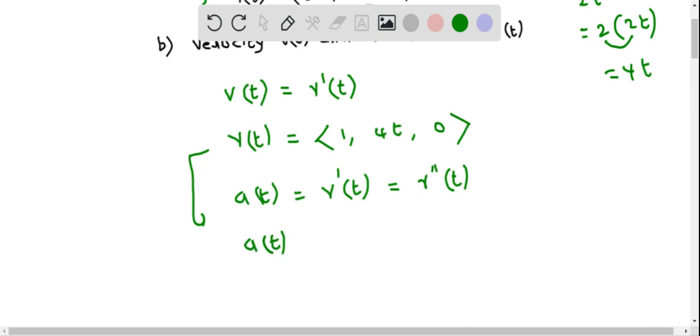So I write a of t, and this equals, we find the derivative of each of the terms inside the bracket. The derivative of 1, which is a constant, is 0, and for the derivative of 4t, we put the 4, and the derivative of t is 1. So it is 4 times 1, which is 4, and then we have this 0. So this is the one which represents the acceleration function.